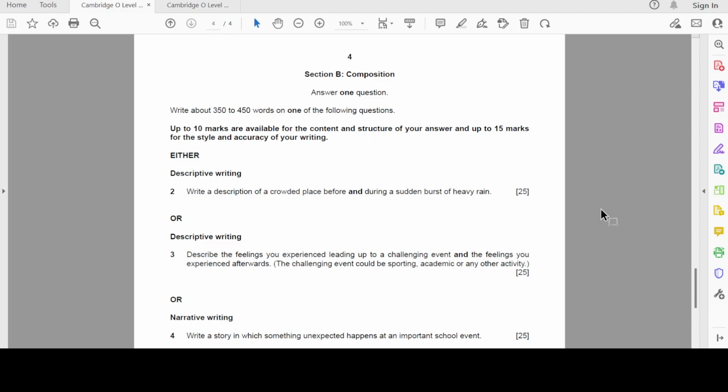Now, this is part 2 of discussing the marking scheme for the writing paper, and you can check out part 1 where we've covered the directed writing task, and now we'll be covering the composition task where we have descriptive writing and narrative writing.